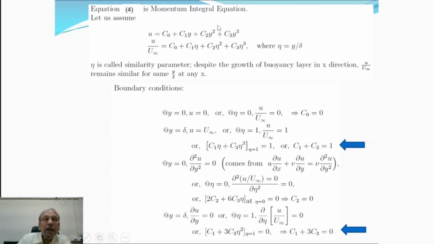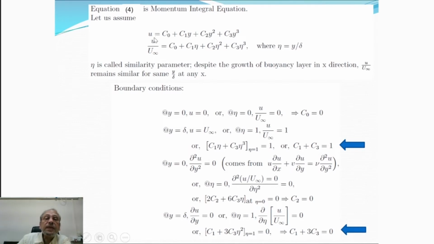Now, again, based on our basic philosophy, we express non-dimensional u, that is u by U infinity, equal to a function where y will be divided by delta.